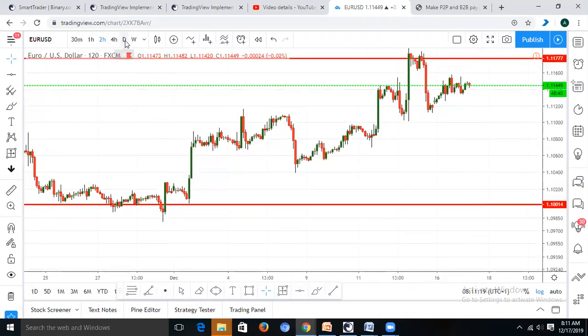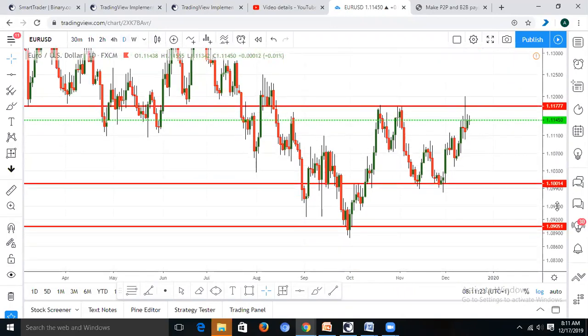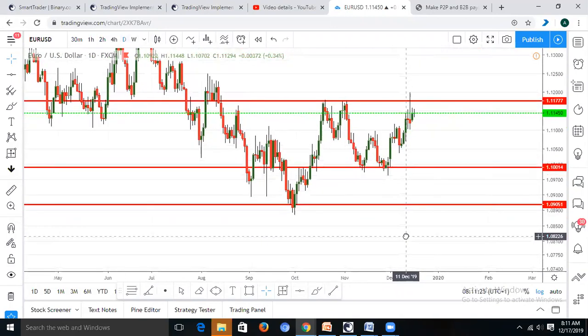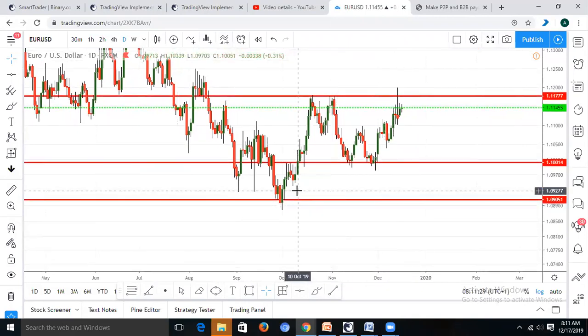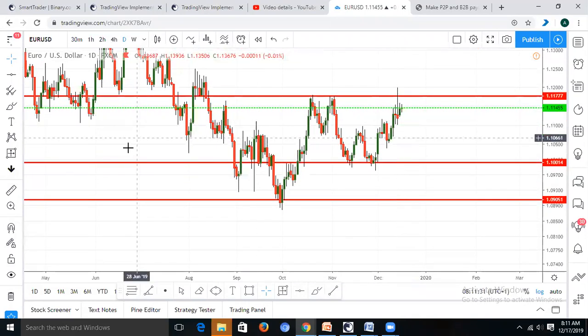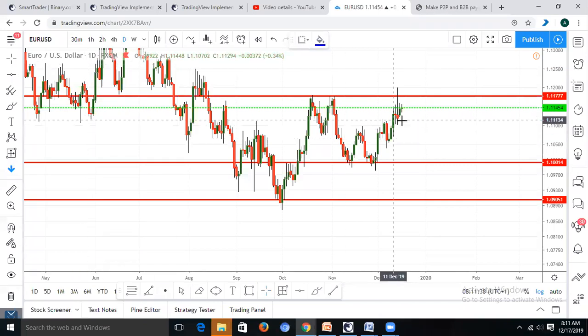Let me show you an example. For instance, this you're seeing is a pin bar, or some people call it hammer.